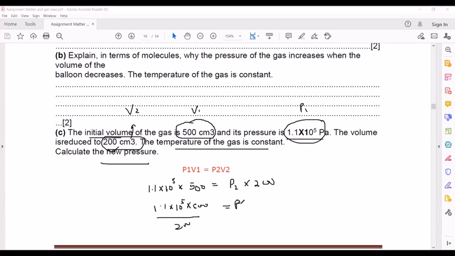So you will get the pressure, and that pressure will be in Pascal, which is 275,000 Pascal. Is it clear? That's the second pressure when the gas volume is reduced to 200 cm cube.